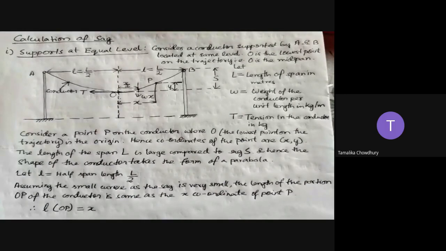And since the sag is very small, the portion which we are considering, O to P of the conductor, can be considered as the coordinates x and y, where x is the horizontal distance from O to P, and y is the vertical distance from O to P. So the coordinates of P are x and y.